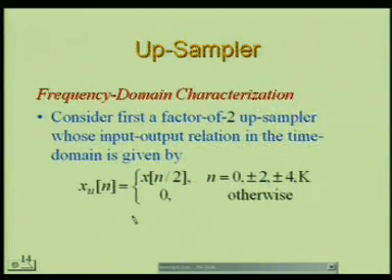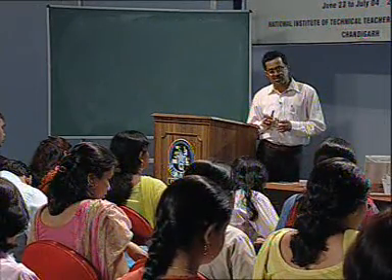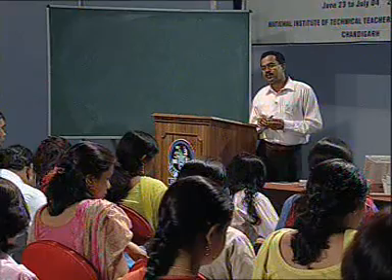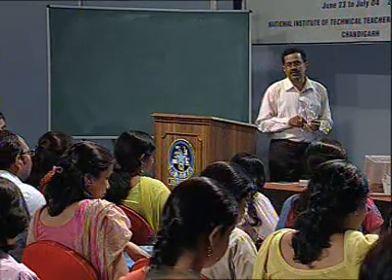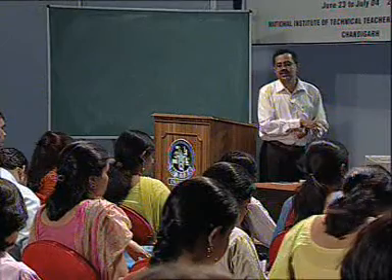As I told earlier, both time domain and frequency domain characterization are equally important for analyzing discrete time systems and signals. Whenever you read a topic, you should give more emphasis to both time and frequency domain characterization, then you will be able to understand what exactly we are doing in digital signal processing.